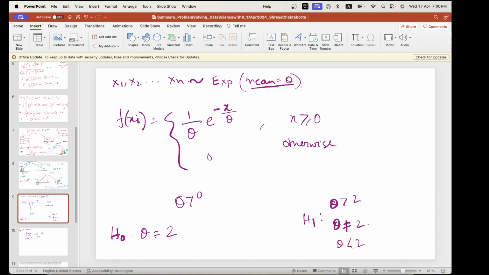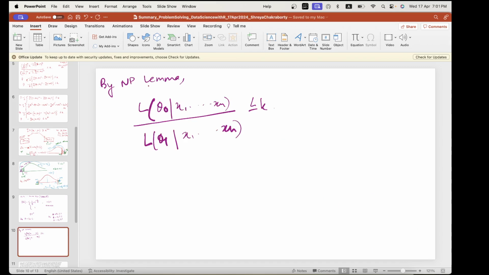This theta naught is equal to 2, and we'll have theta equal to theta 1, which is greater than 2, or theta equal to theta 1, which is not equal to 2, or theta equal to theta 1, which is strictly less than 2. Less than or equal to, greater than, whatever combination it may be. Alright, so by Neyman-Pearson lemma, we have this.